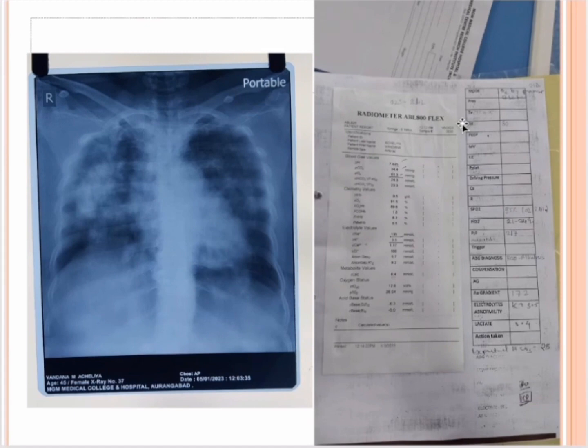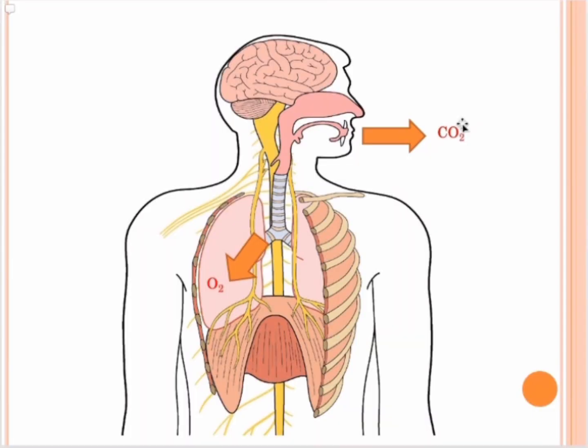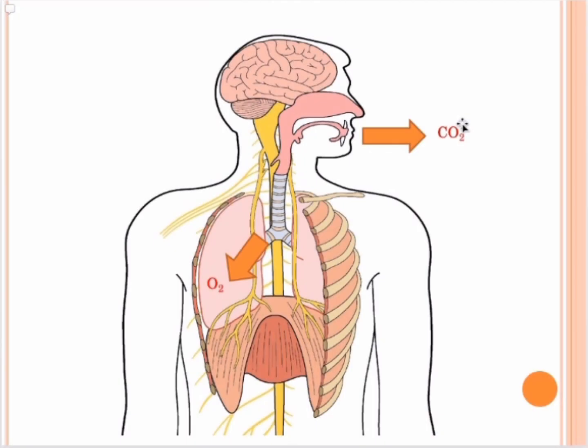So all 3 patients had hypoxemia, but remember the mechanism of hypoxemia in each case is slightly different. So let us understand how hypoxemia occurs. As you all know, the function of the lung is to get oxygen in and remove carbon dioxide out from the body.